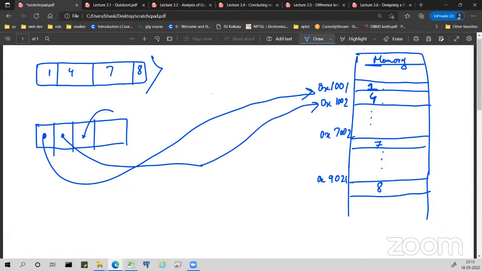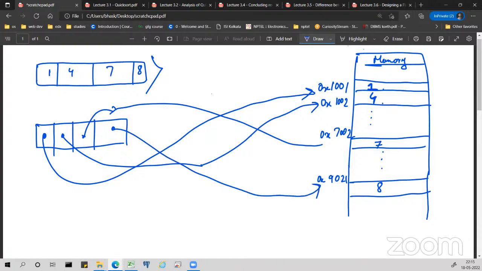Accordingly, this also goes over there, this also goes. So this goes over here, 7, and this will go over here. So basically, internally, a list actually stores memory addresses in this format. So this cell would actually store the value 0x1001.